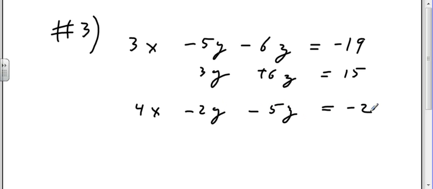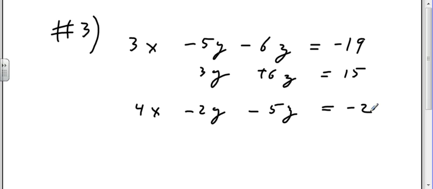Alright, so the first thing we're going to do is put it in our calculator so we know what the right answer is. So, system of equations, 3 by 3s. And we're going to enter a 3 and a minus 5, a minus 6, a minus 19. And a 0, and a 3, and a 6, and a 15.